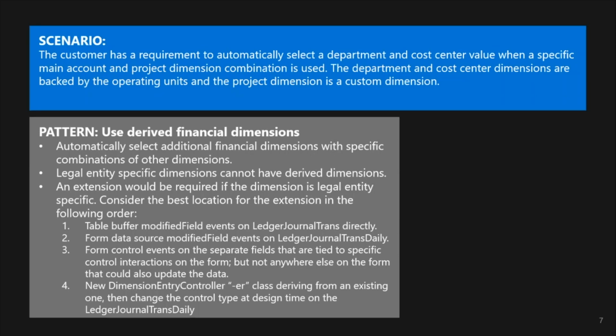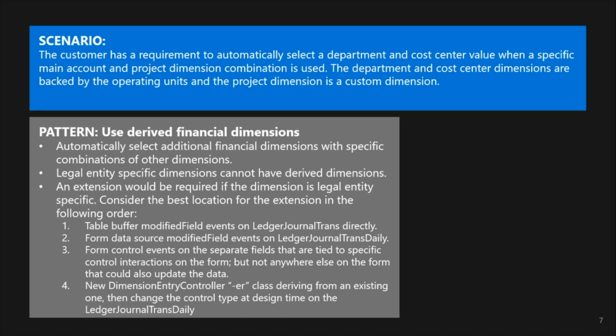Another option would be to do some sort of extension, if the required dimension is legal entity specific, which in a normal case, a project dimension might be. If you're going to do legal entity specific things, then you can't use a derived dimension.